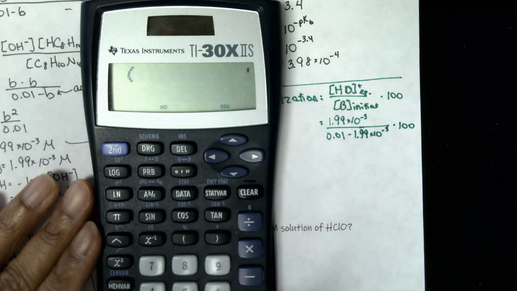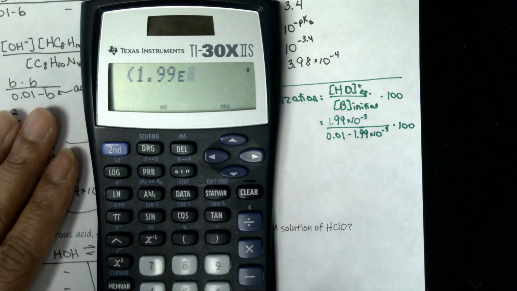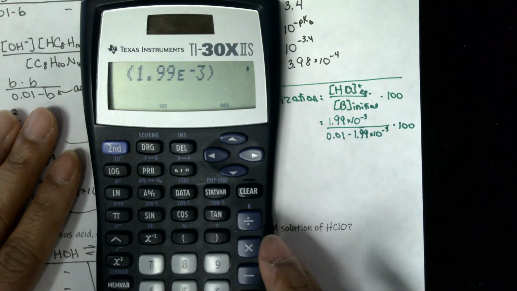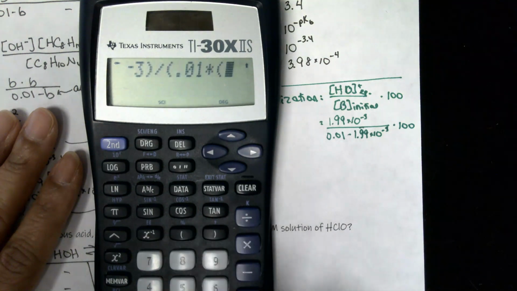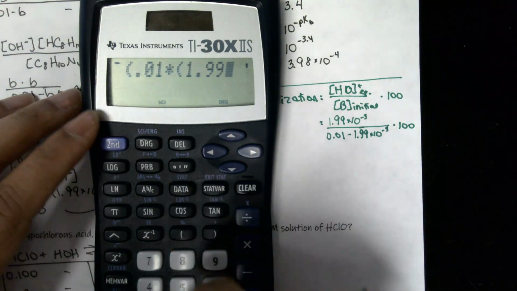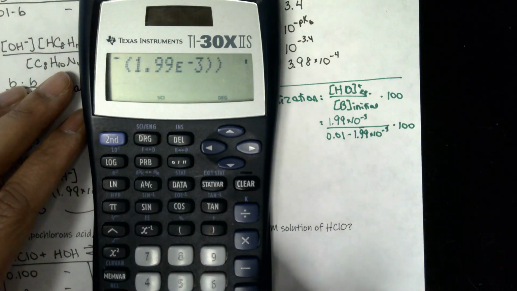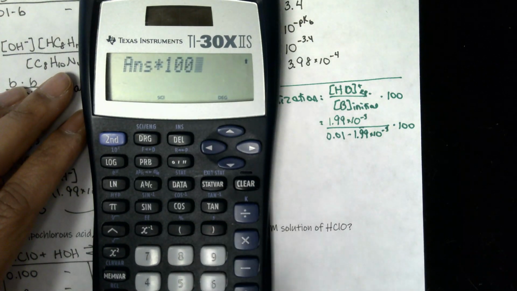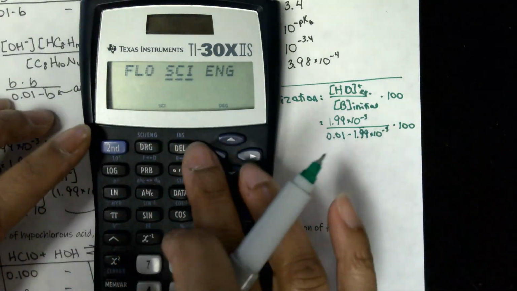So I've got 1.99 E minus 3 divided by 0.01, and I'll put this in parentheses as well, just to make sure that I don't mess up anything with my formula. Cool. And then times 100. Again, note, I had this in scientific notation.